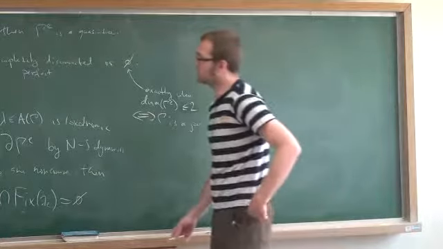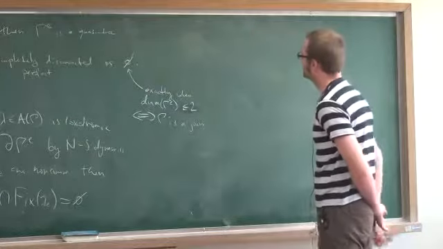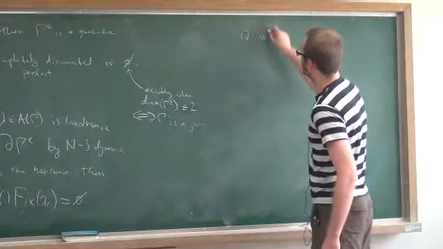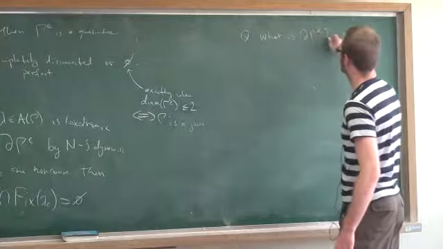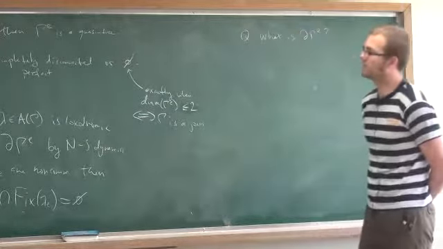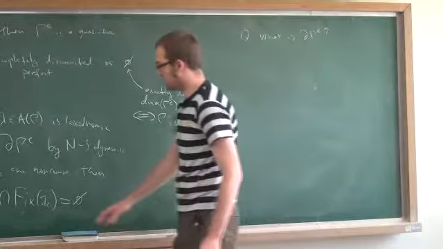The interpretation of the boundary of the extension graph is not clear at all. So what is the boundary of the extension graph? It's sort of an open question. We don't have a very good understanding of what those elements are supposed to mean.